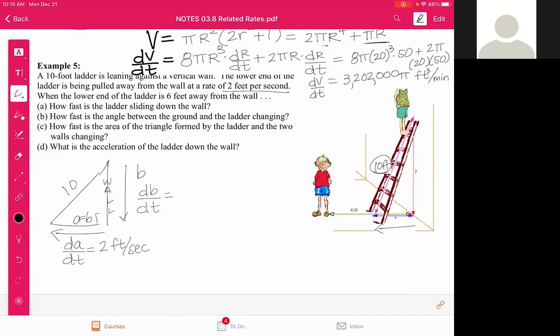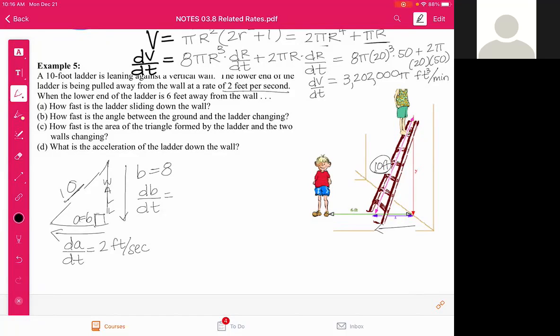You know that A is 6, and we know that the ladder is 10 feet long. So when A is 6 and the ladder is 10, which is the hypotenuse, what will B equal? Yeah, 8, because that would be a 6, 8, 10 right triangle.